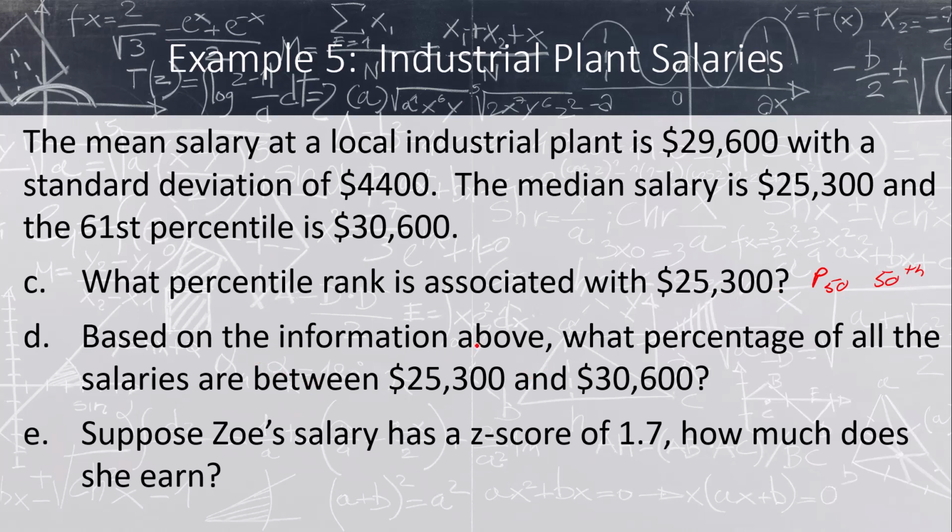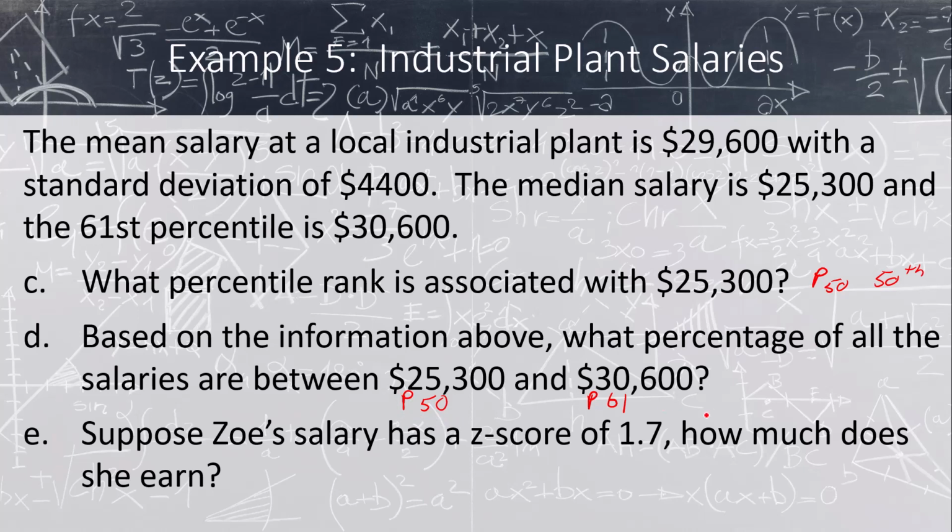Okay, based upon the information, what percentage of all the salaries lie between 25,300 and 30,600? Well, remember, 30,600 is the 61st percentile. 61% of the salaries are below this value. This is the median. This is the 50th percentile. I should just go ahead and call that P. So 50% of the salaries are below this.